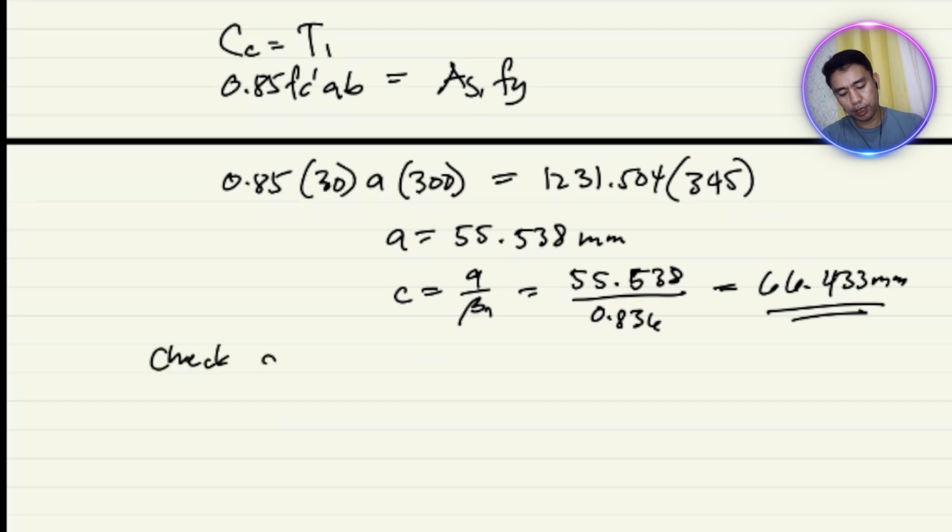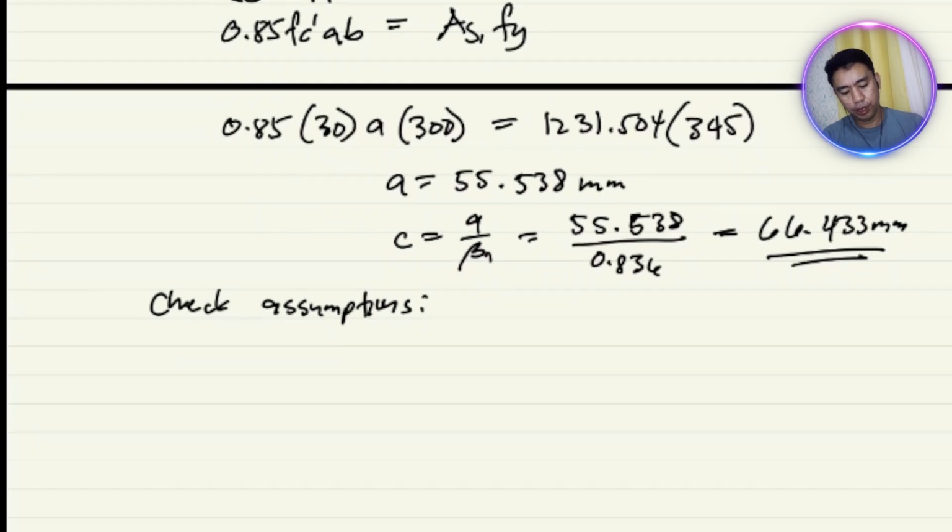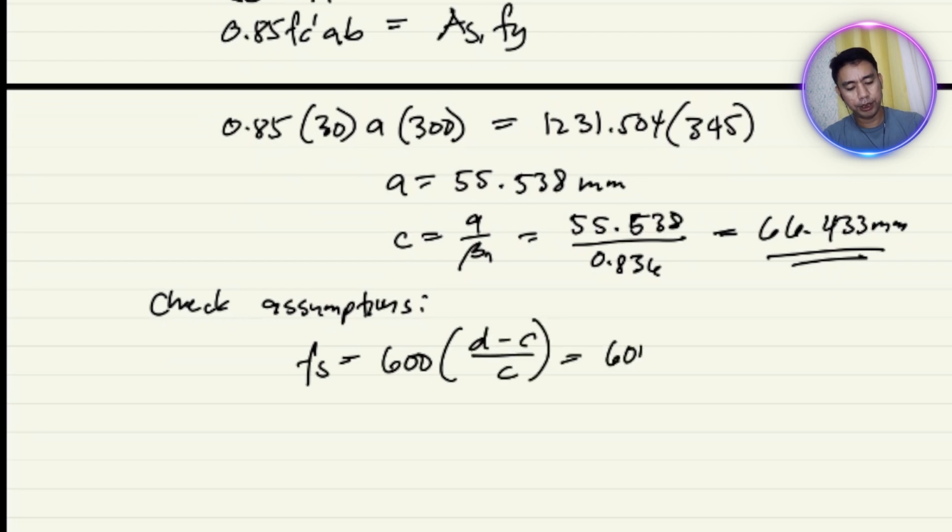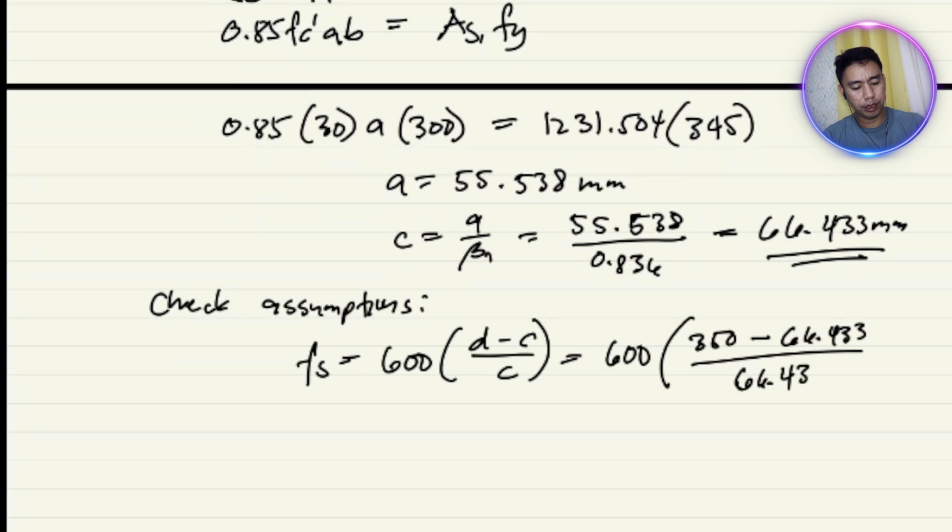Let's write check assumption. So ano yan sa Fs? Hanggang sa memorize natin, 600 times d minus c over c. So we have 600 times d, which is 350, minus c, 66.433 over 66.433. Okay?